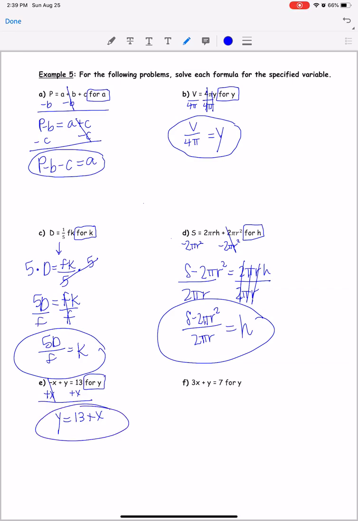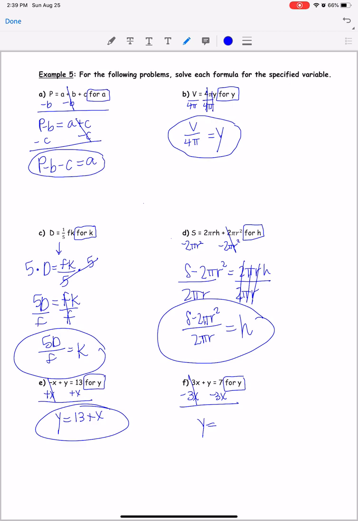Okay, same thing here for F. I'm solving this for Y. So to get Y by itself, I need to move this 3X. So this time the opposite of a positive 3X is a negative 3X. So I'm going to subtract that over. So I get Y equals, can I combine these?